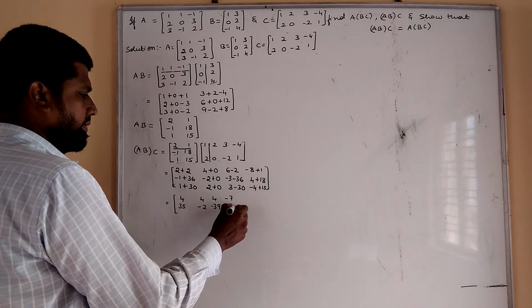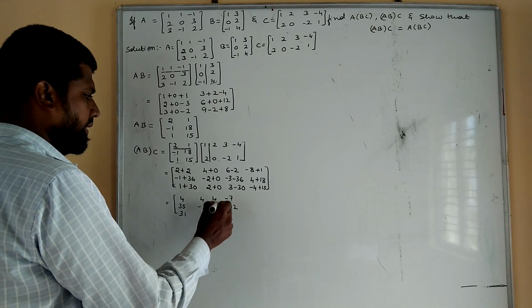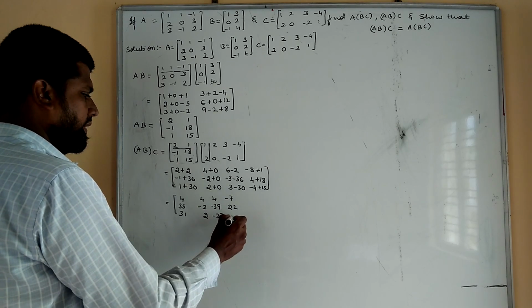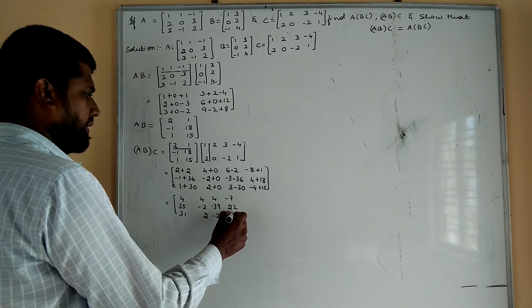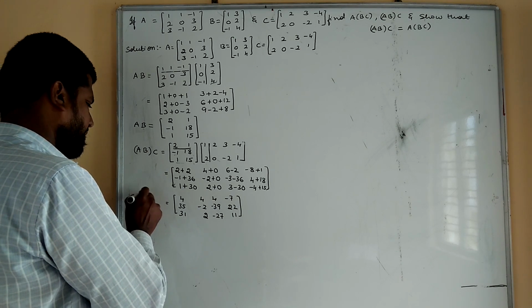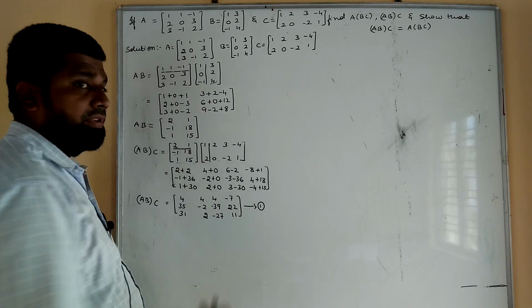Then 22, then 31, then 2. Then minus 27, then 11. So this is the AB of C. Let us consider this as matrix 1.